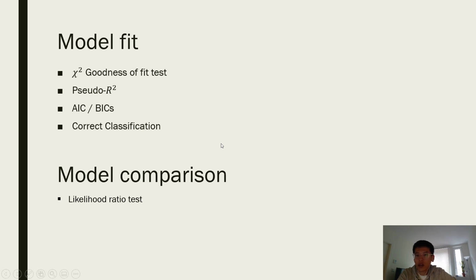The first one is the chi-square goodness of fit test, which I think is related to the likelihood ratio. I think those two are identical when we talk about model comparison. The second one is pseudo R square, the third one is AIC and BIC, and the fourth one is correct classification. So let's look at the first 4 and then we'll look at the last one.